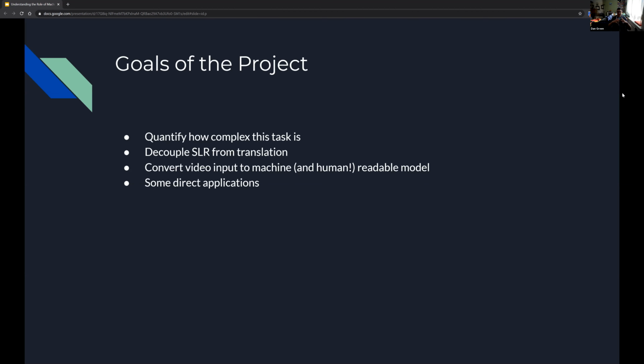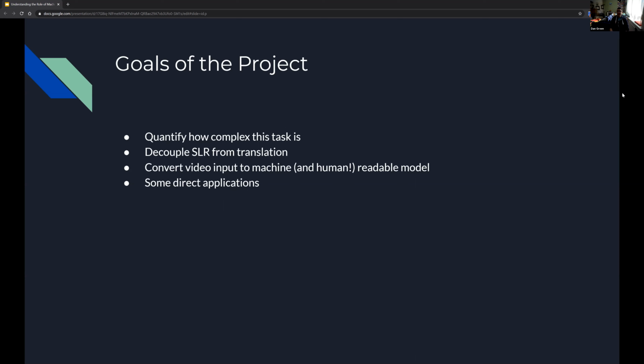And of course, we're in a lab that is about explainable AI and making sure that we know what we're talking about. So I think that having something that's that little bit more low level is going to make it a lot more possible to actually demonstrate that this is doing what we think it's doing, and it's not going via English, it's using sign language in its own right. So that was a big goal for me.